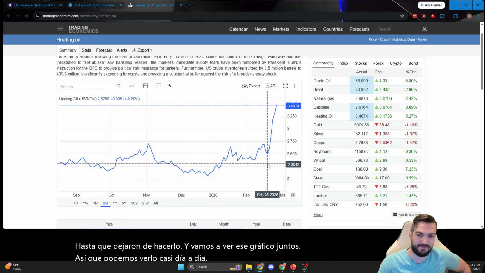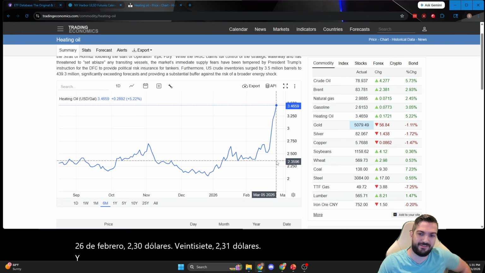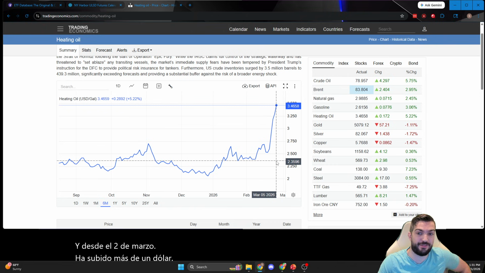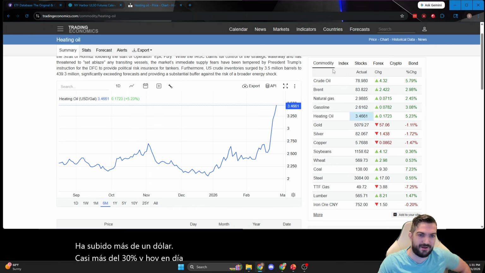February 26th, $2.30. 27th, $2.31. And from March 2nd to March 5th, it's gone up over $1, almost over 30%. And today, by the way, it is up 5.2% again.